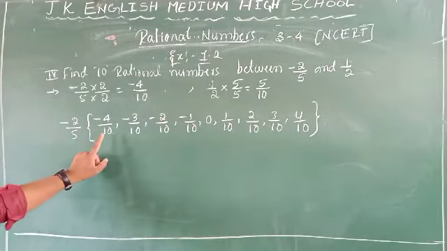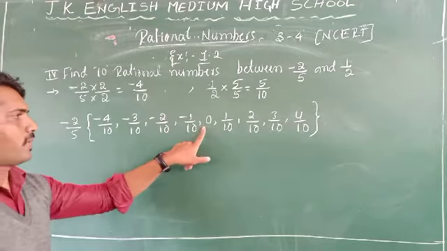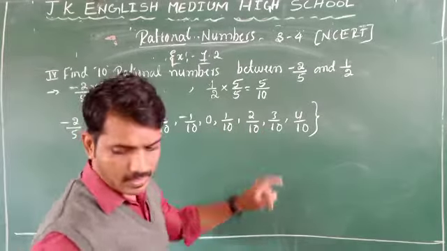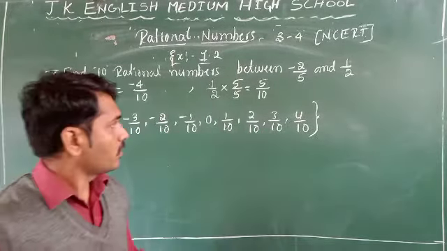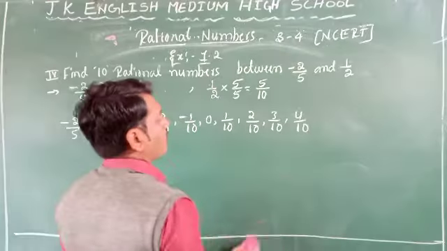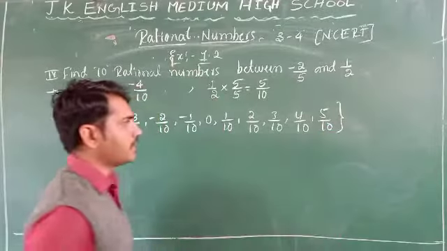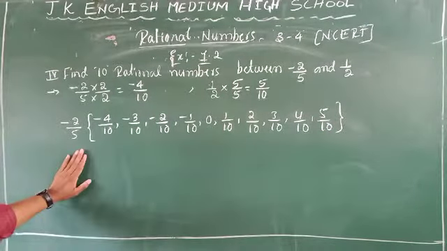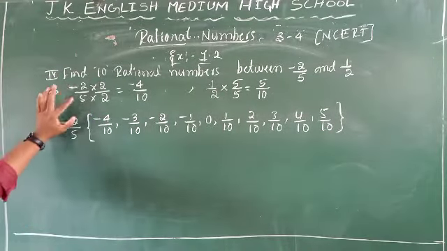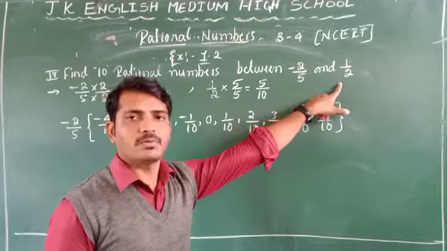Now count them: 1, 2, 3, 4, 5, 6, 7, 8, 9, and write one more, 5 by 10. These are the rational numbers between minus 2 by 5 and 1 upon 2.